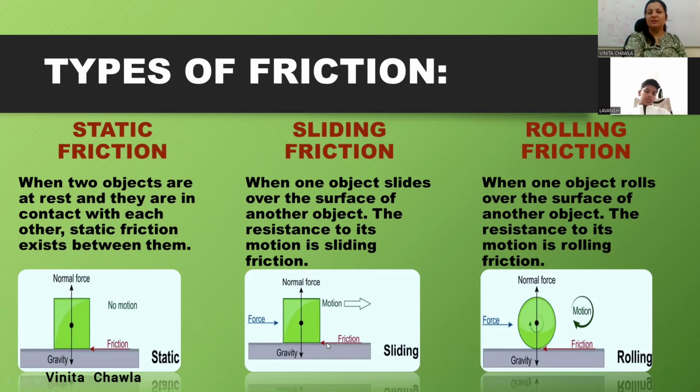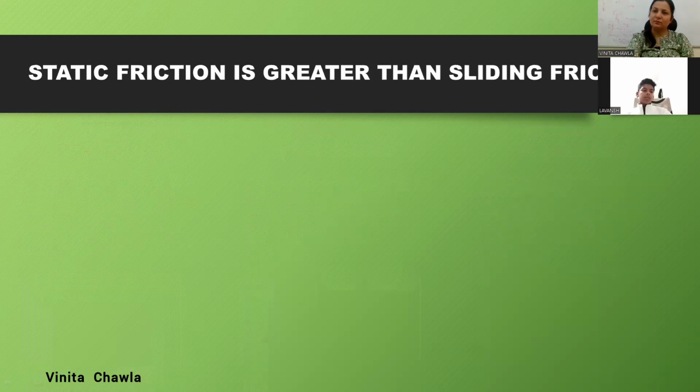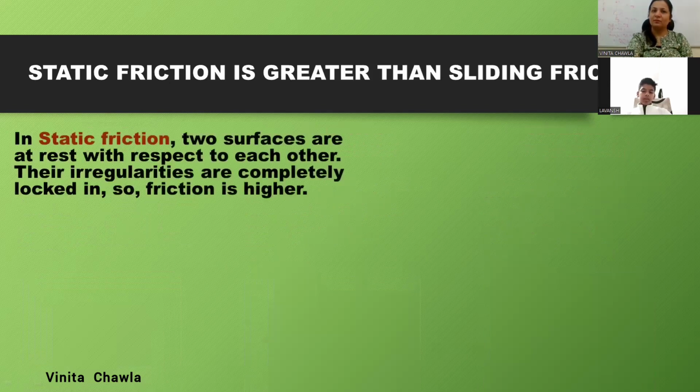Then what is the difference? Why is sliding friction less? No motion, because there is no motion, and this is the reason that static friction is greater.